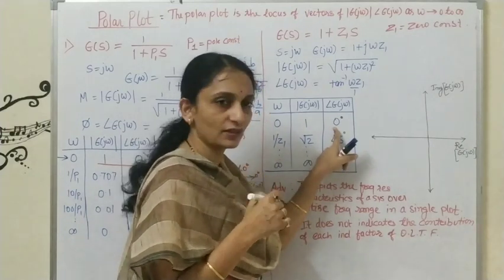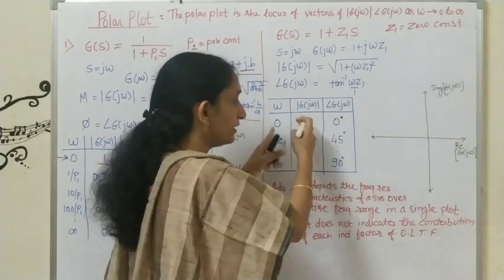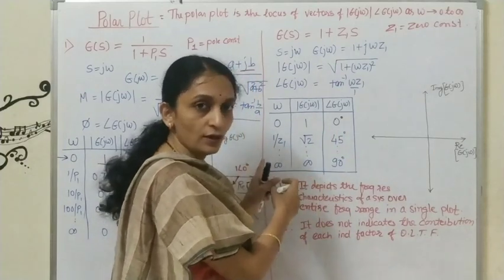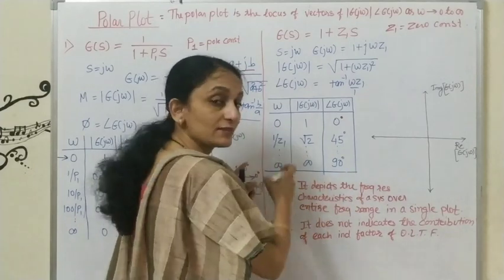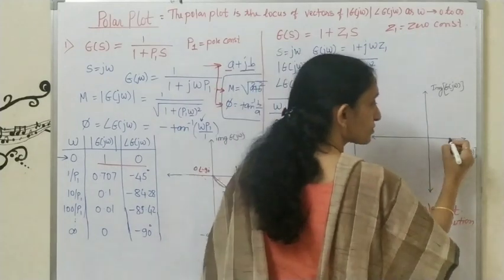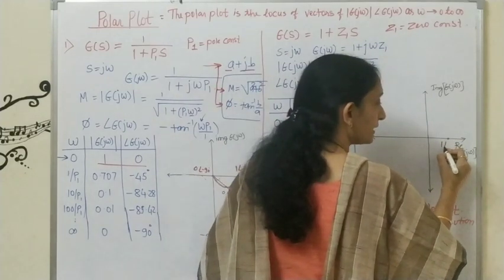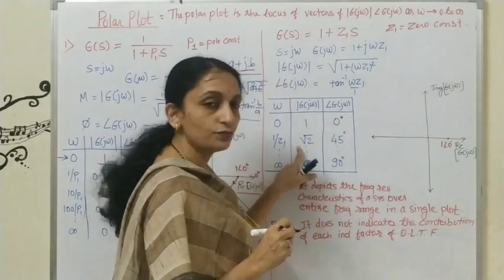I have assumed the scale 1 centimeter equal to 1 unit, but that will be your choice depending on the values you are taking. So you need to take an appropriate scale by selecting ω. First is 1 at an angle of 0. Then next is root 2 at 45 degree.